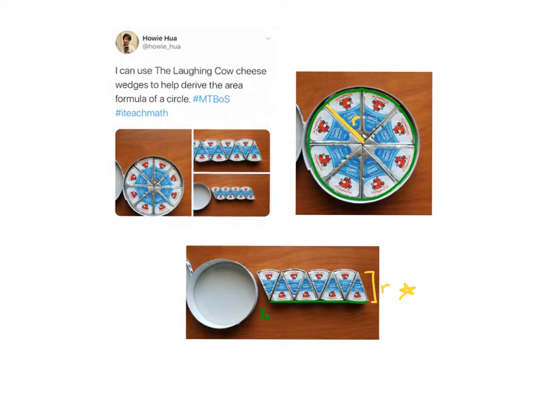Half of the circumference is the same as half of 2 pi r, since 2 pi r is how we find the circumference. And we said that the 1/2 and that 2 cancel out, so that would just be pi r. So our area of that particular cheese shape would come from pi r times r, which is where the famous formula of pi r squared comes from.